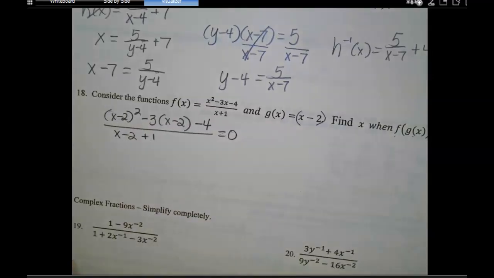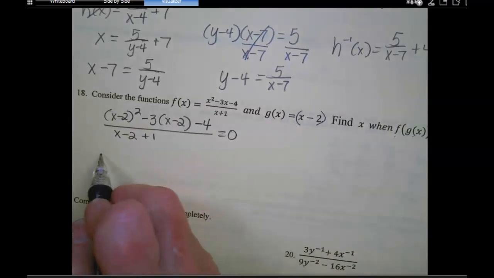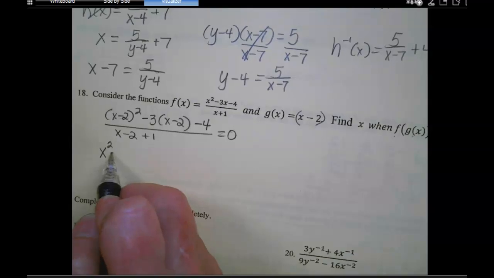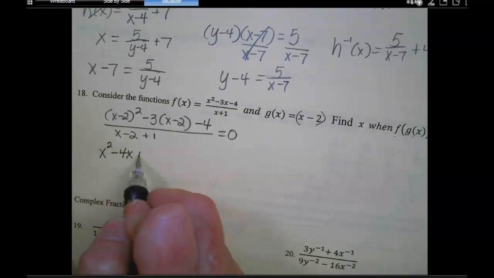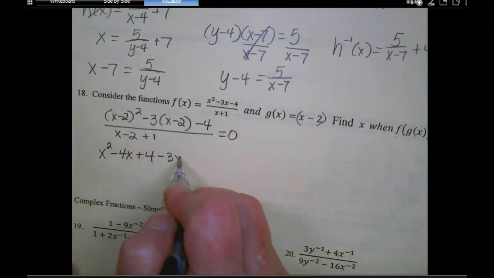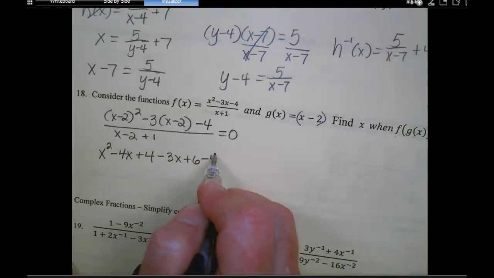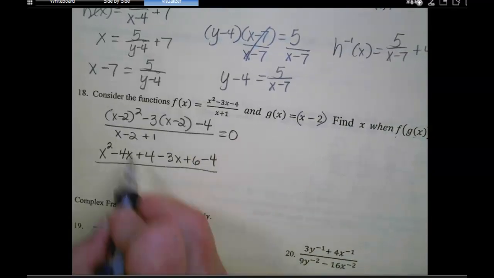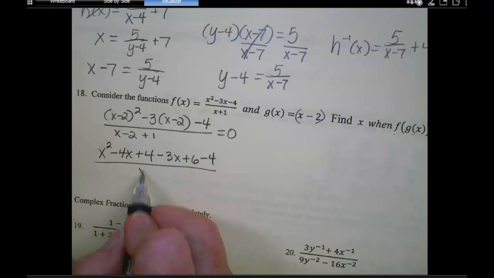All right. So on top, I get x minus 2 times x minus 2, which is going to give me x squared minus 4x plus 4. And then I'm going to have minus 3x plus 6 minus 4. And on bottom, I'm going to get x minus 1.